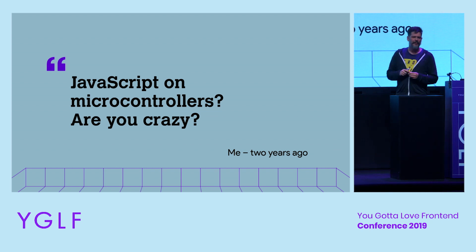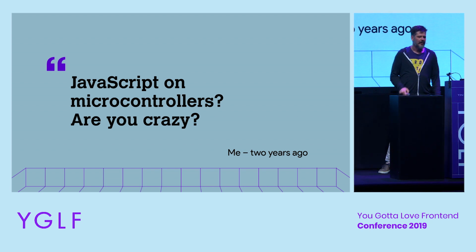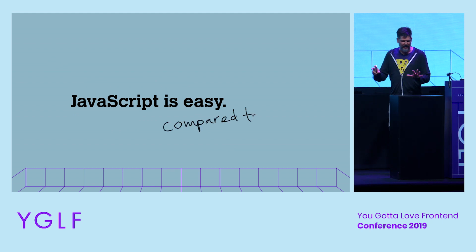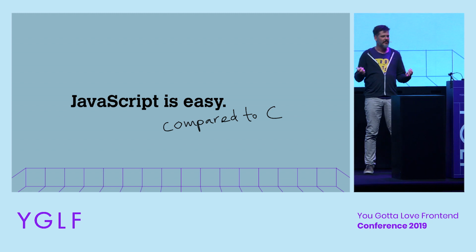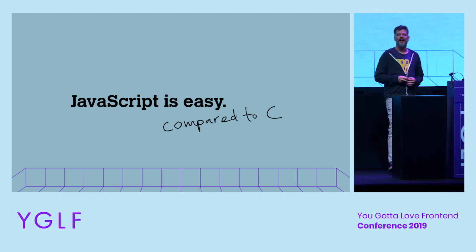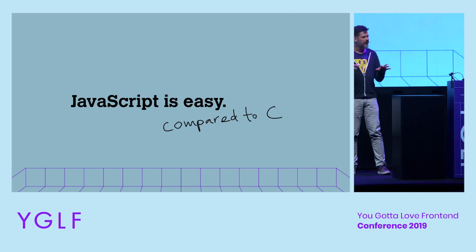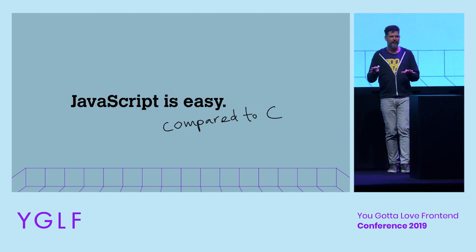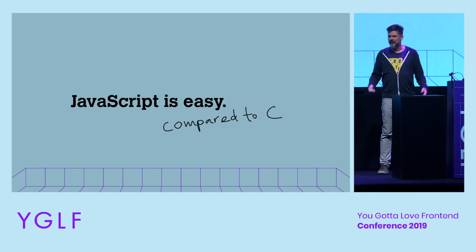There are, however, very good reasons why running JavaScript on microcontrollers is brilliant. First of all, JavaScript is easy compared to C. 2 years ago, I created a gadget for showing notifications from my home automation system on an 8x8 pixel LED screen. So whenever I get mail, you know, the physical kind of mail, actual letters, in my physical mailbox, it shows me a little icon of a mailbox, so I can go outside and fetch it.